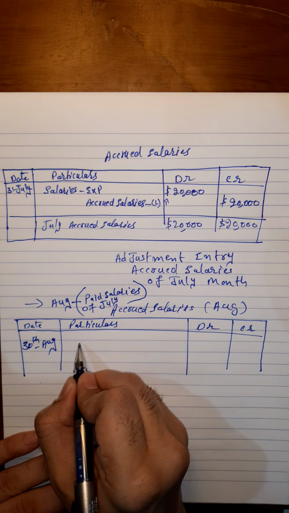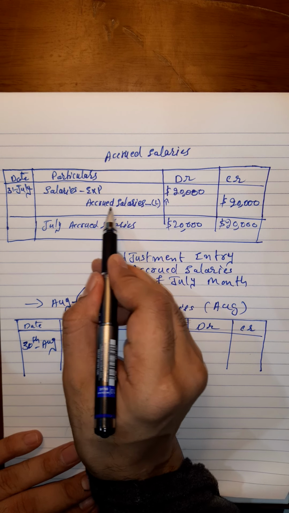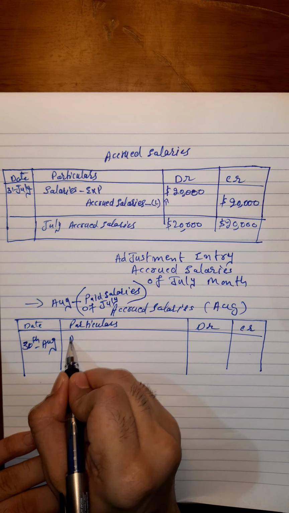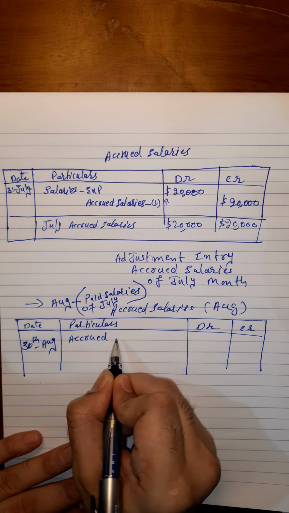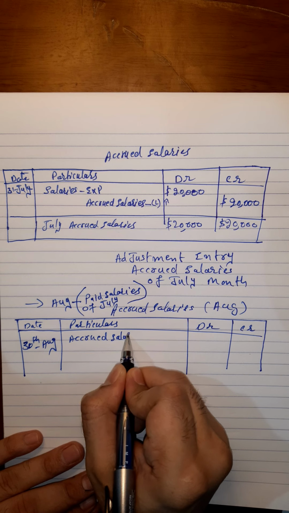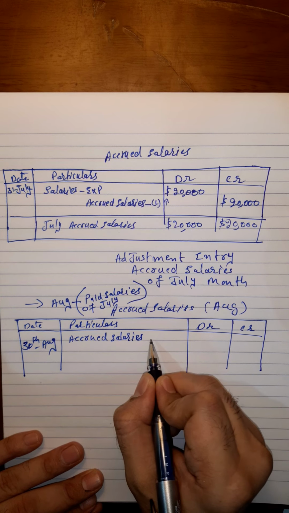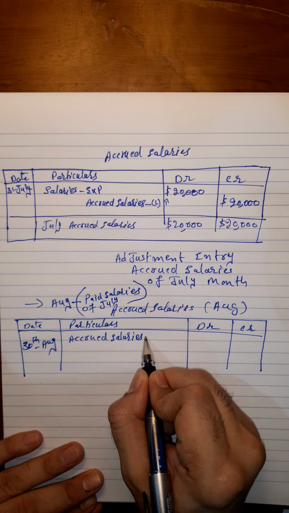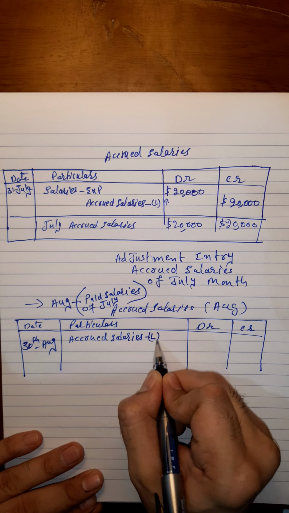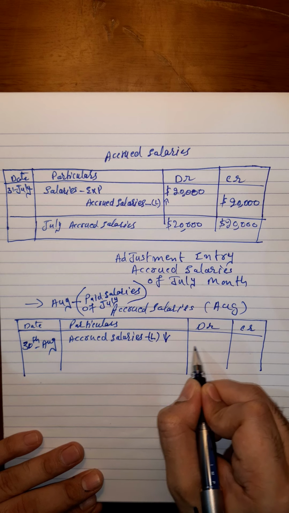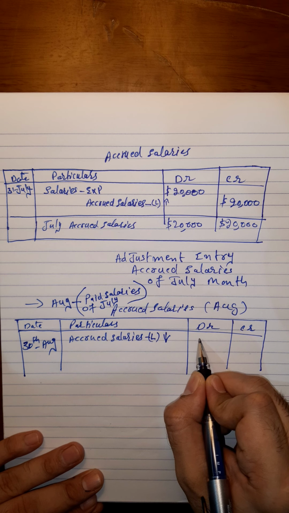So accrued salaries, we did one entry in July, so now we will debit accrued salaries, because accrued salary is our liability, and here the liability is decreasing. When liability decreases, we debit it.